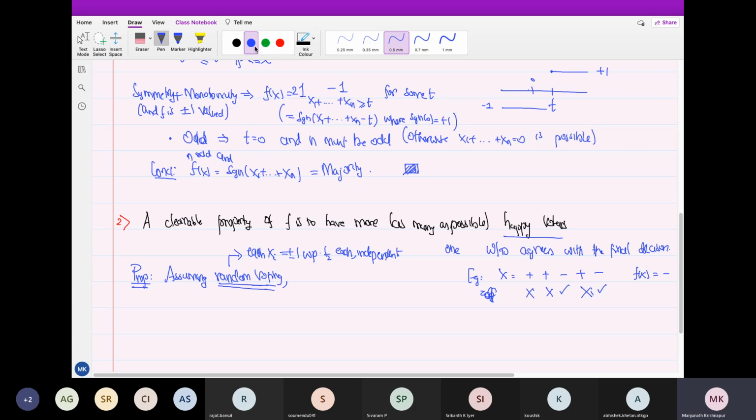So assuming random voting, the statement is the expected number of happy voters is maximized uniquely by the majority function.